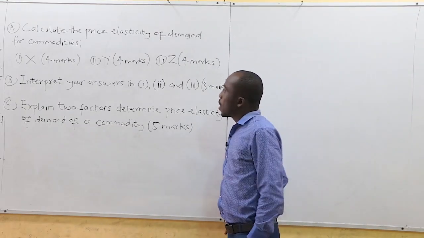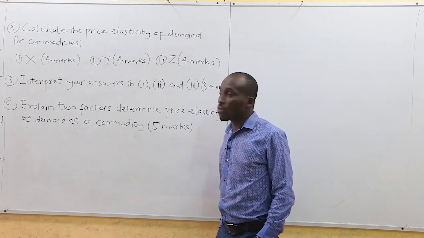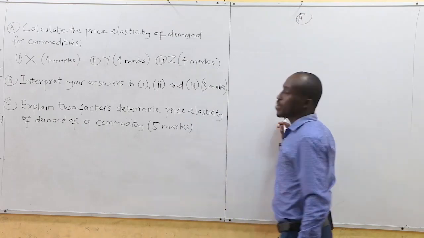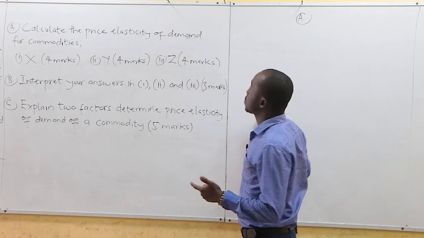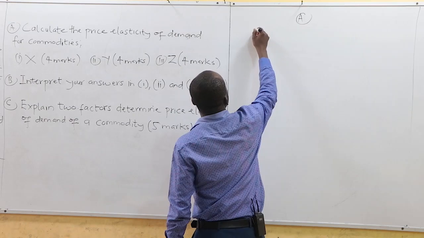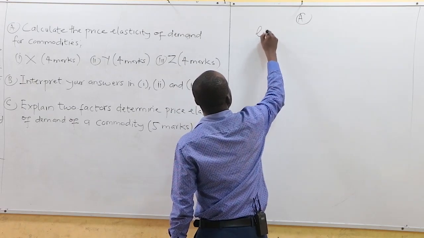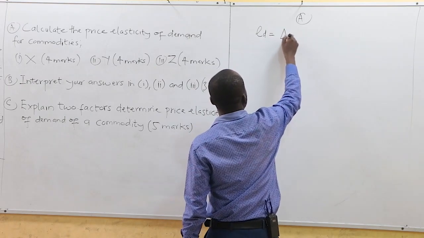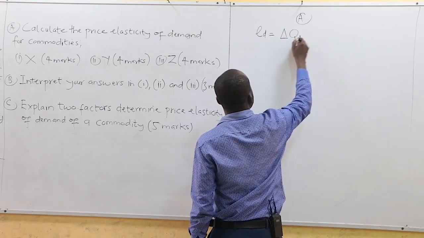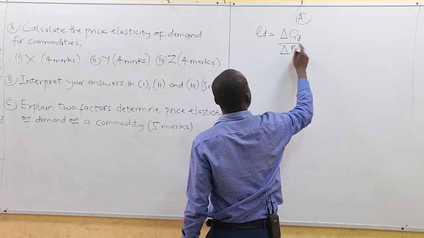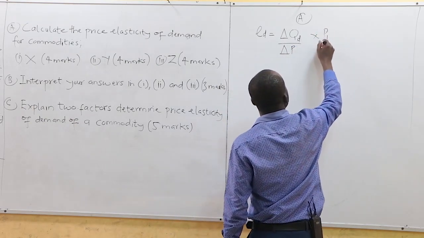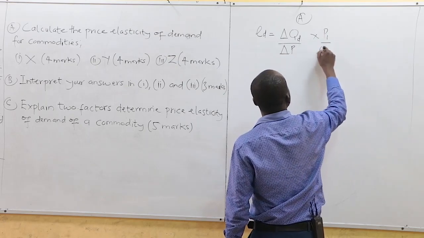So let's see. A, you're supposed to calculate the price elasticity of demand for commodity X. So let's look at the formula. There are 2 formulas you're going to use here, right? The first formula: price elasticity of demand is equal to change in quantity demanded over change in price of commodity X, times initial price over initial quantity, right?